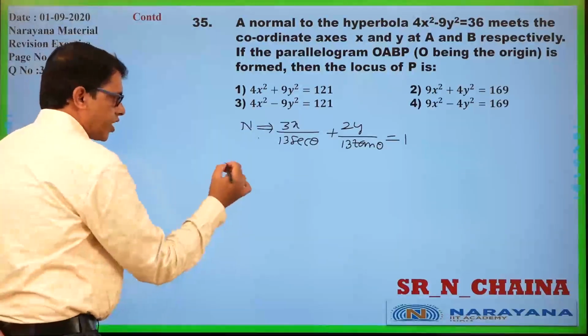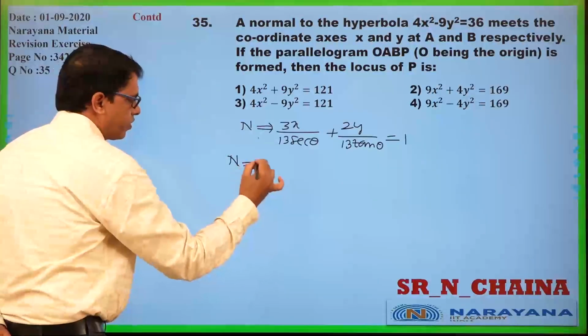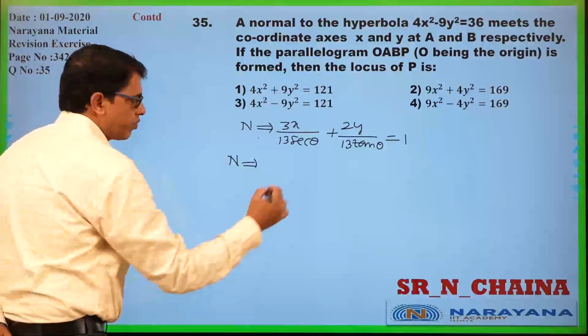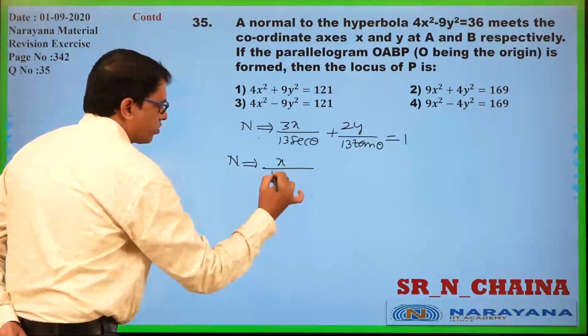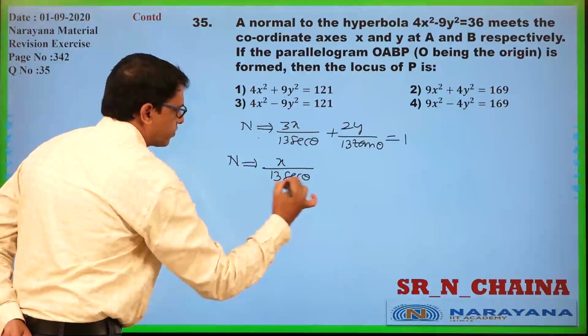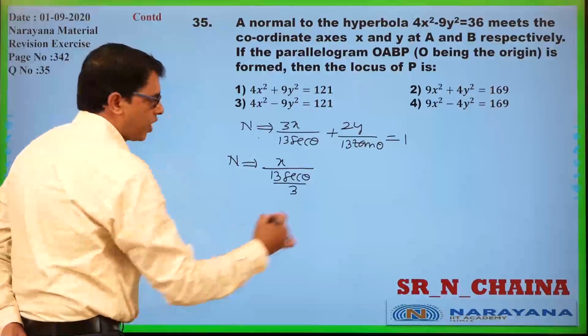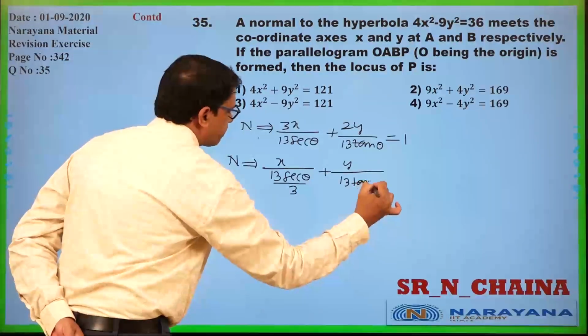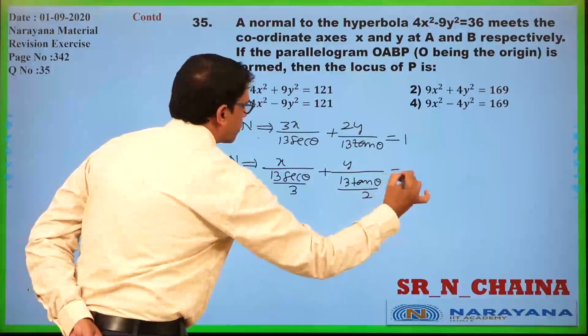So bring it to the intercept form. So take 3 to the denominator, that implies x upon 13 secant theta by 3 plus y upon 13 tan theta by 2 equals 1.